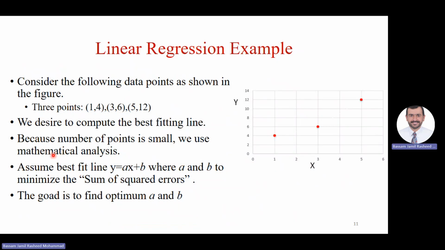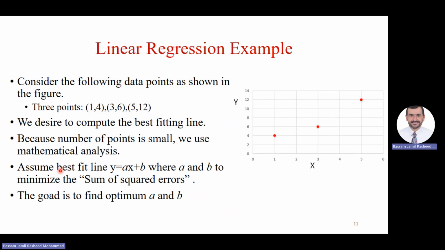Basically, we're going to assume that we find a line, which is ax plus b. In fact, this is the linear equation. We didn't find it yet, but we say that this is the line. The slope has a value of a, which we need to determine, and the intercept has a value of b, which we need to determine.